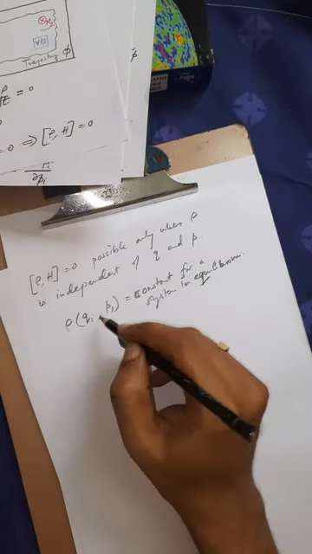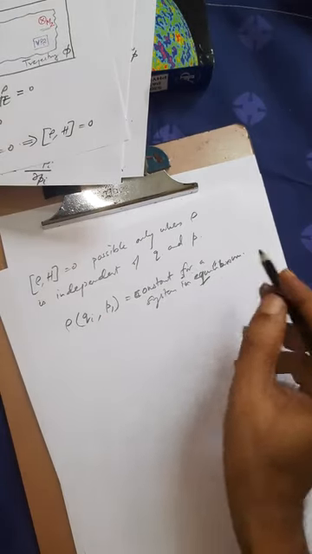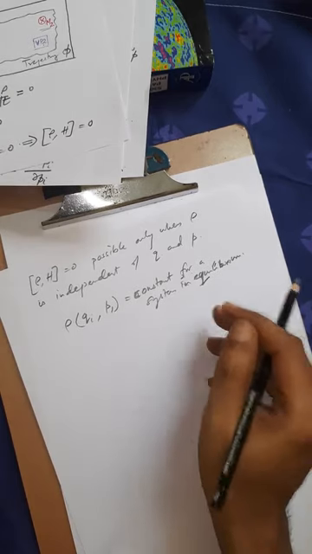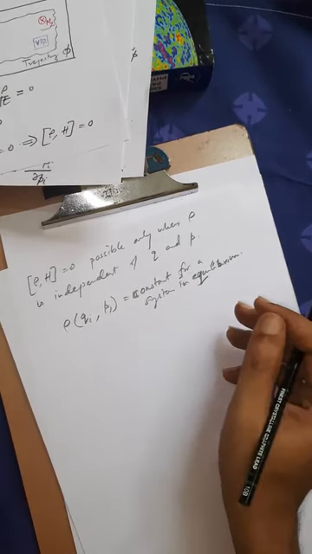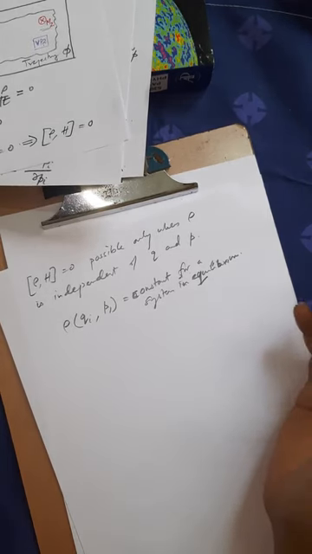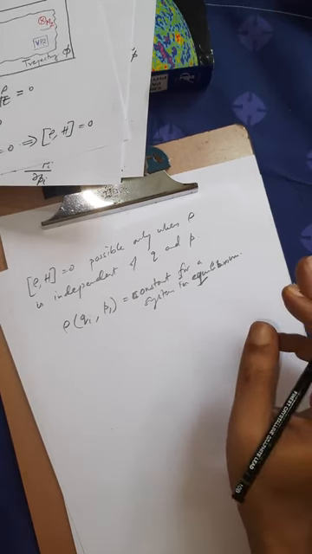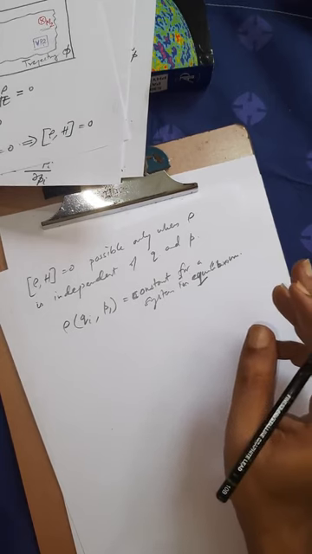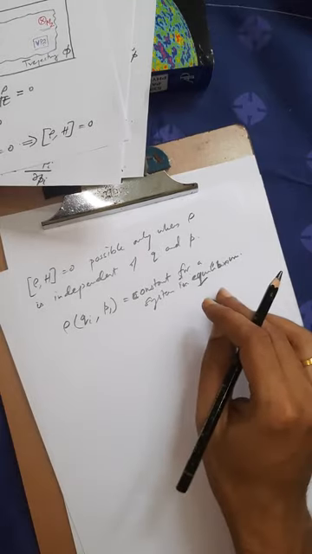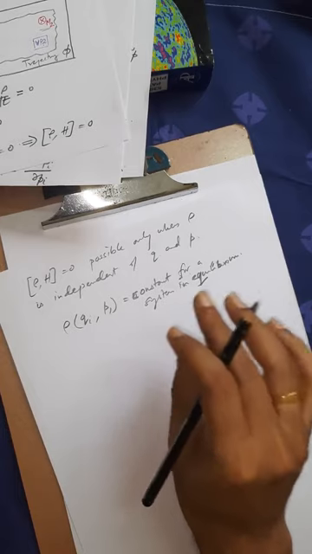What does that mean? ρ is constant for a system in equilibrium, which means that my ρ does not change with time. What is ρ? ρ is my distribution of microstates. So as the time changes, my distribution of microstates does not change, or it is a constant for a system in equilibrium. It does not depend on q or p.